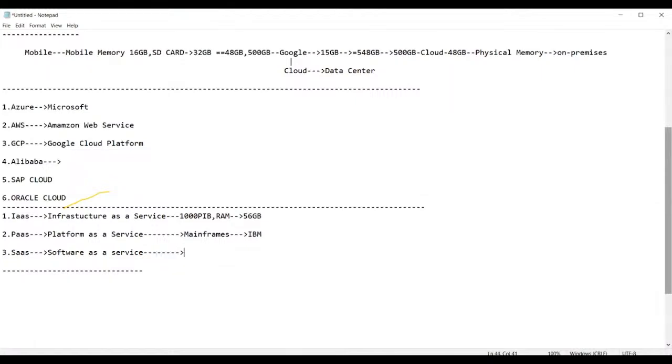And now guys, suppose you require some software, such as reporting software or analytical software. Suppose you require Power BI, or some Cognos.